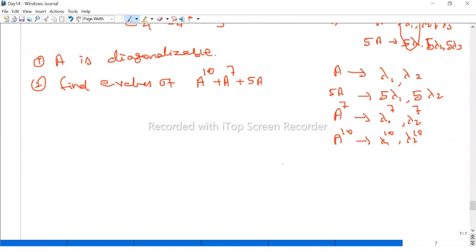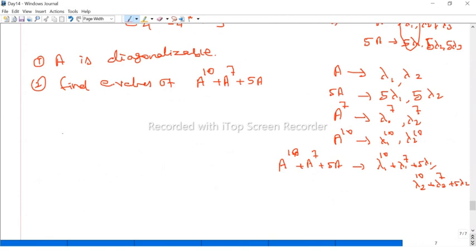Therefore, the eigenvalues of A power 10 plus A power 7 plus 5 times A: you just add the first coordinates, so we get lambda 1 power 10 plus lambda 1 power 7 plus 5 lambda 1. This is one eigenvalue. The other eigenvalue is lambda 2 power 10 plus lambda 2 power 7 plus 5 lambda 2.